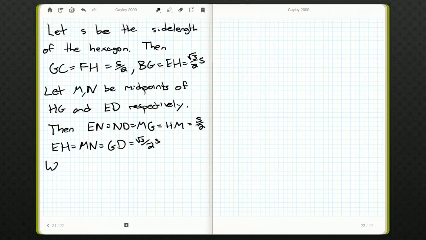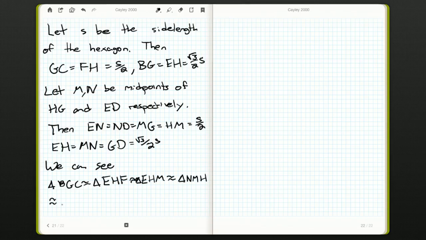And so then we can see that BGC is congruent to EHF, is congruent to EHM, congruent to NMH, which is congruent to NMG, which is congruent to, what was the last one?